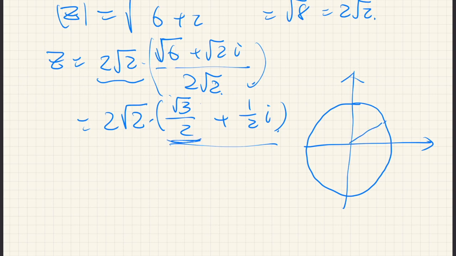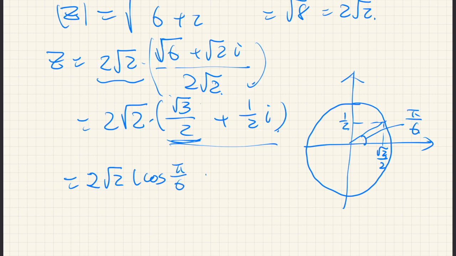This is somewhere here: square root of 3 over 2, and this is 1/2. This angle is actually pi over 6. So we can express this as cosine pi over 6 plus i sine pi over 6.